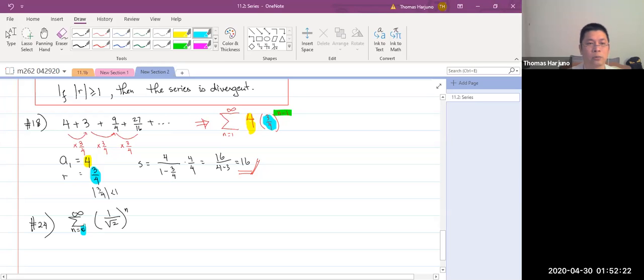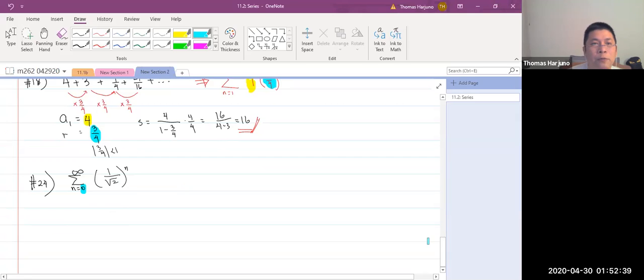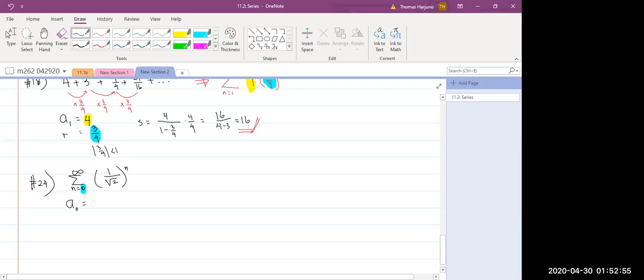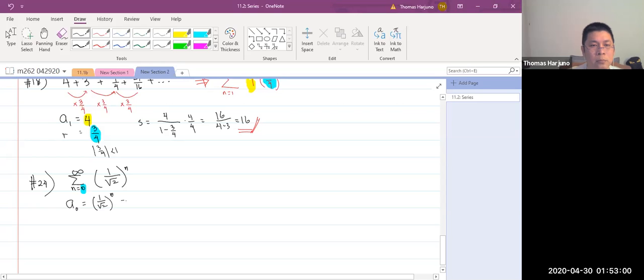It starts from 0. But at the same time, notice that it has the pattern of something times a ratio to a linear function of n. So if you ask me the infinite sum, then all I need to know is what is the first term. Starting from 0, the first term is 1. How about the ratio?